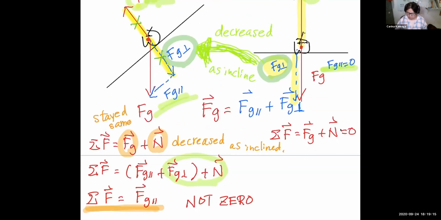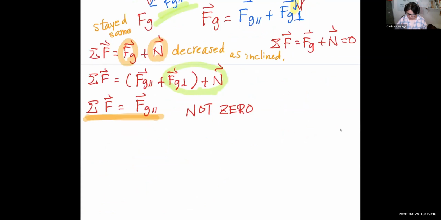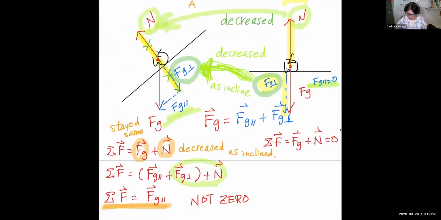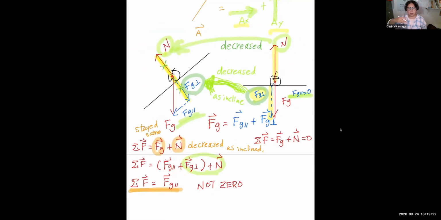So you see it like this, okay? From flat to this, the normal force decreases because the perpendicular component of the gravitational force decreases. And now we have a parallel component of the gravitational force that increases as the incline gets steeper and steeper. So I'm going to do another case.